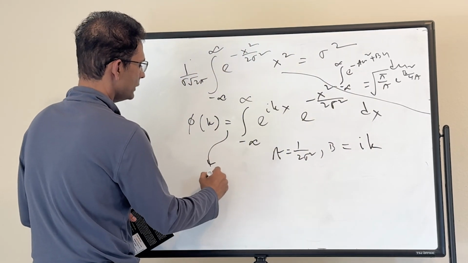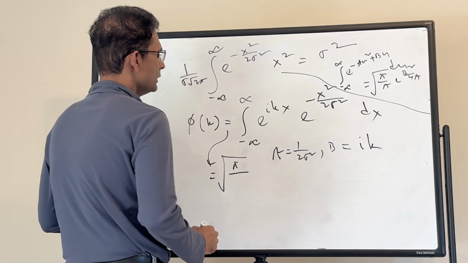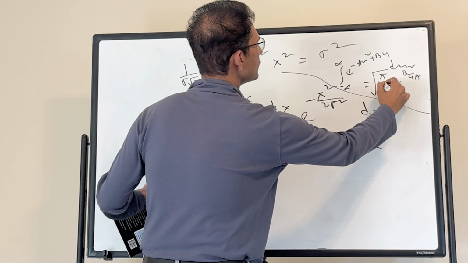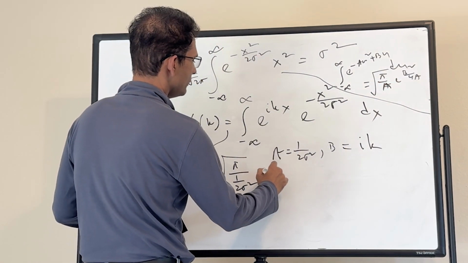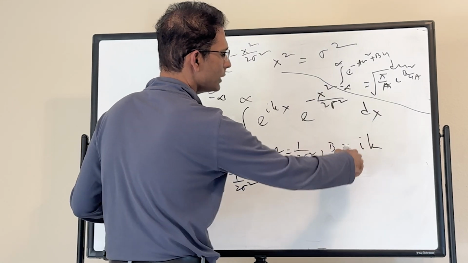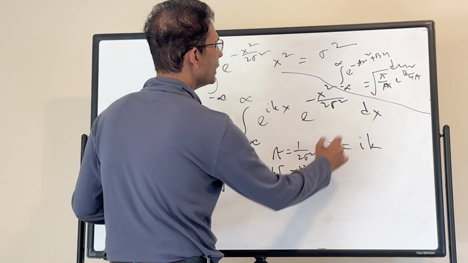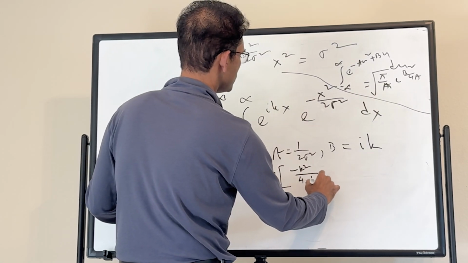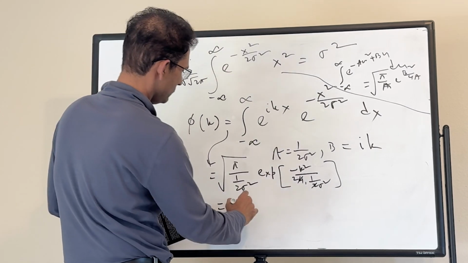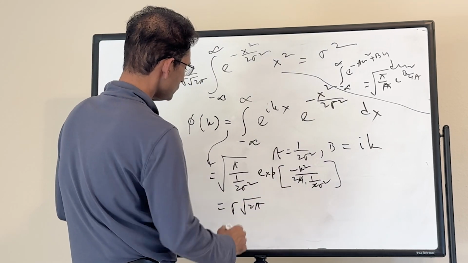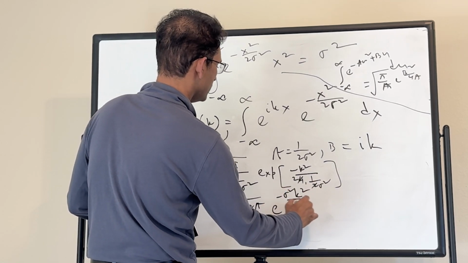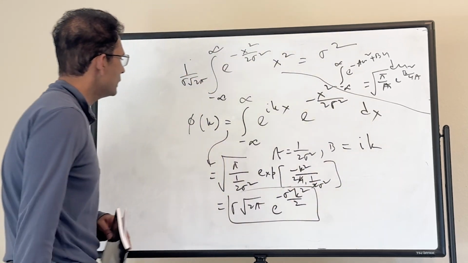So this integral is going to be square root of pi divided by a, which is 1 over 2 sigma squared, and then you have e to the power b squared over 4a. b squared is just minus k squared: you square this, i squared is negative 1, and you have k squared, and you divide that by 4 times a, which is 4 times 1 over 2 sigma squared, so this is 2. You can simplify this and you'll get sigma times square root of 2 pi, and then e to the power minus sigma squared k squared divided by 2. So this is what you'll have for phi k.